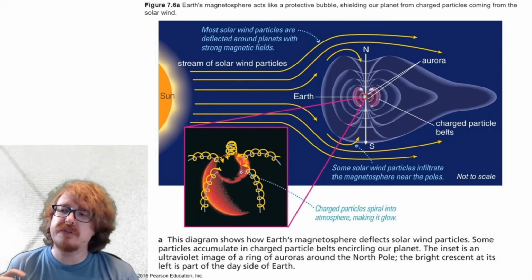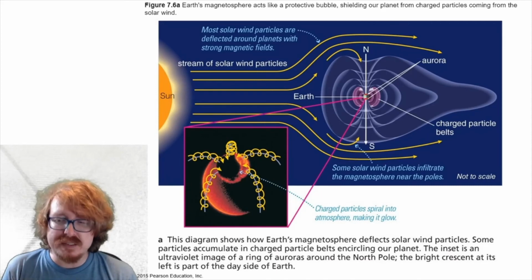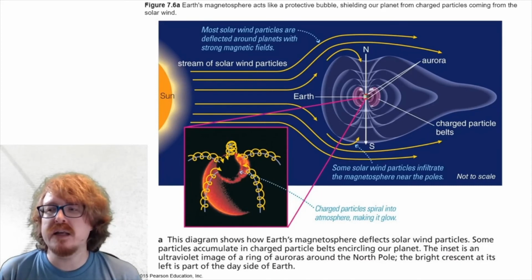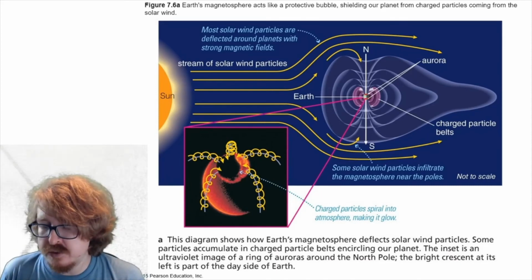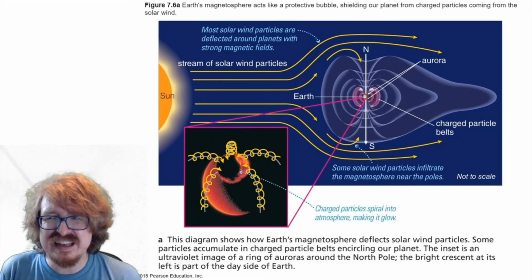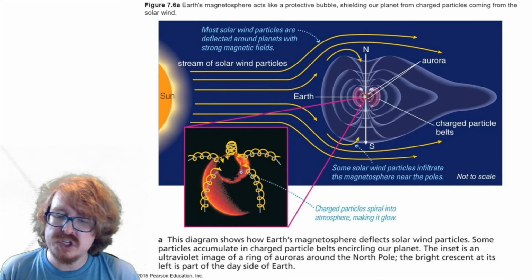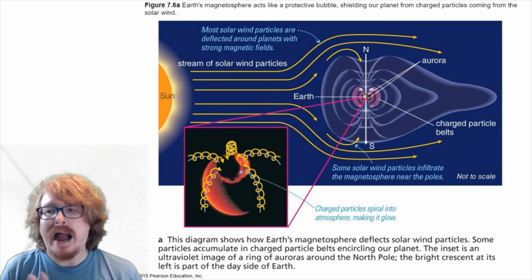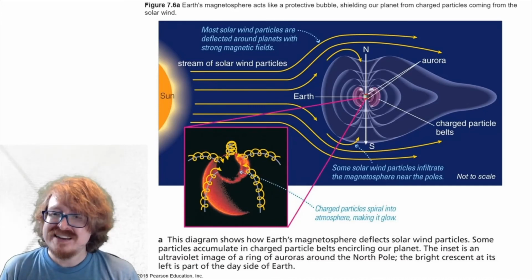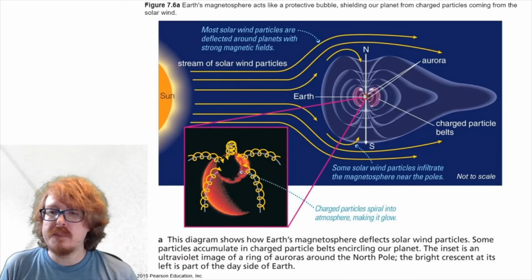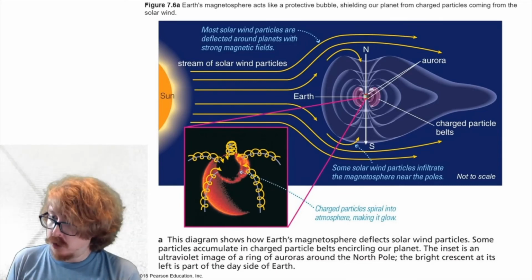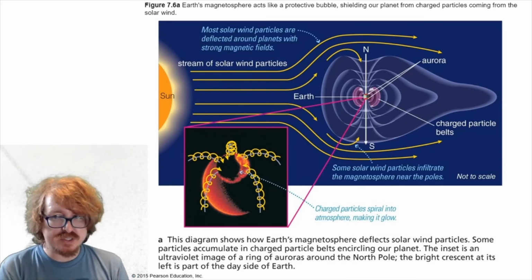Remember, we talked about the solar wind when we were talking about comets, and if you read the notes on how the solar system formed, it gets mentioned in there also. But yeah, the sun is constantly blowing a stream of charged particles out in all directions. Now, luckily for us, remember, our magnetic field forms because of electricity.